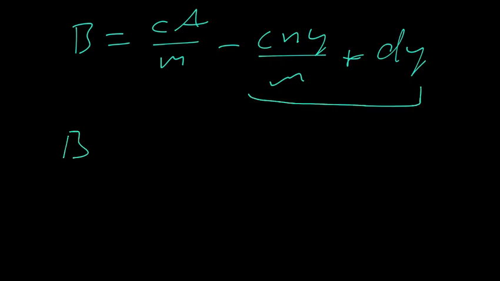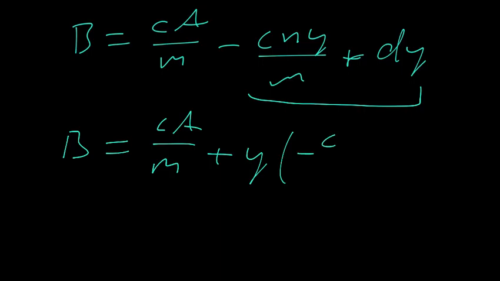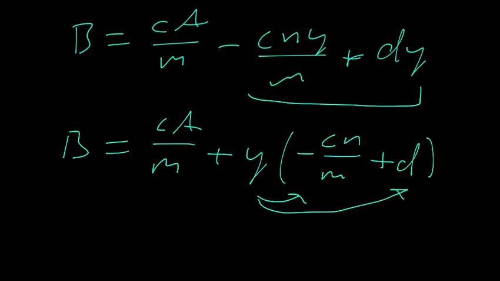So we'll have b equals ca over m plus y times negative cn over m plus d. And that's just using the distributive property: you can multiply this y back through and you'll end up with what we have up here.